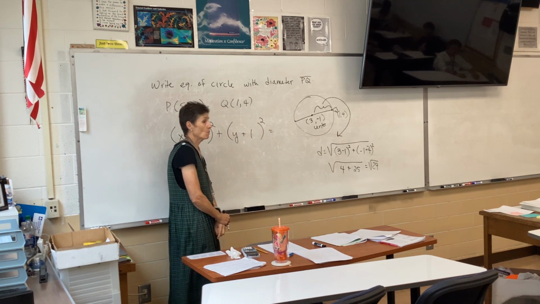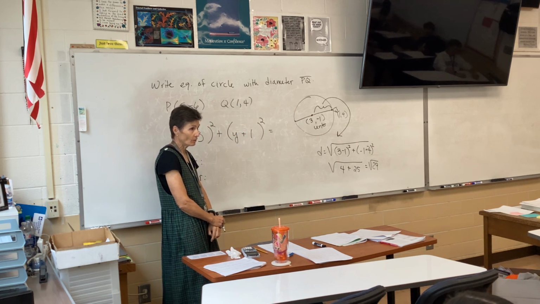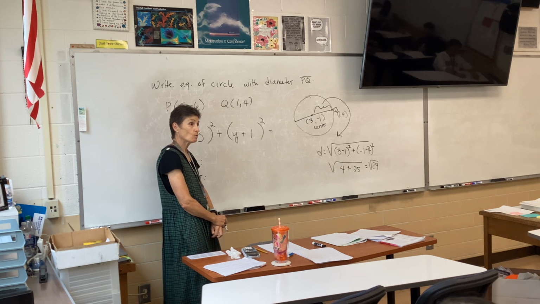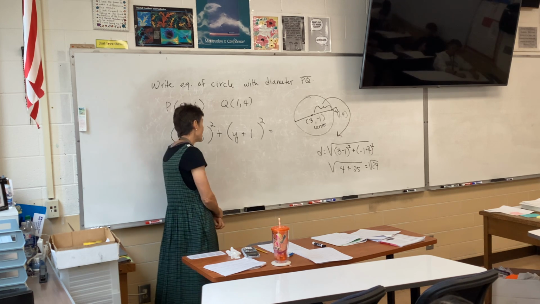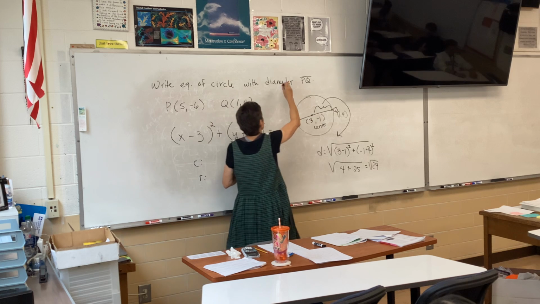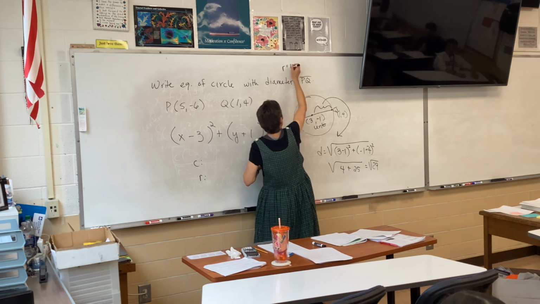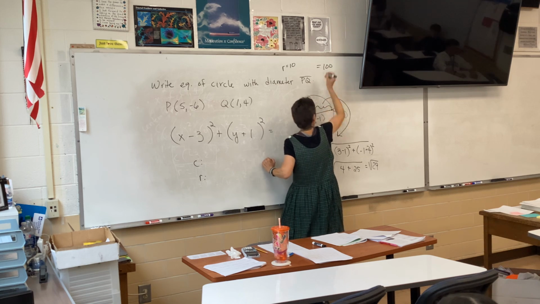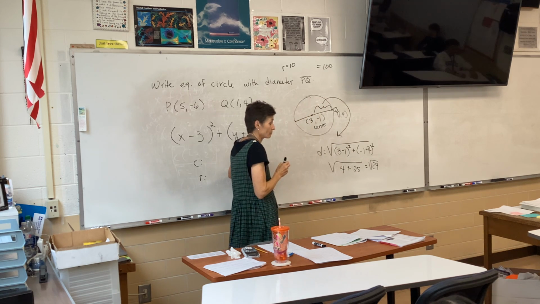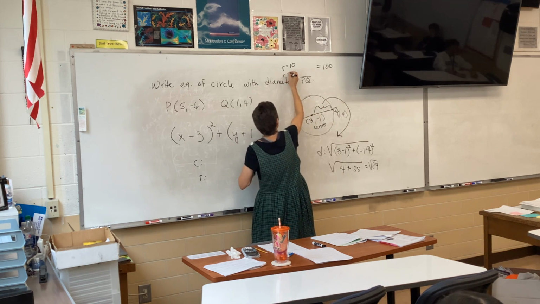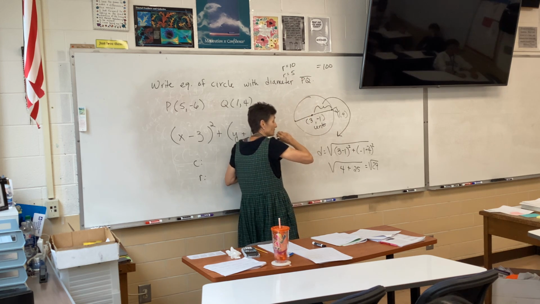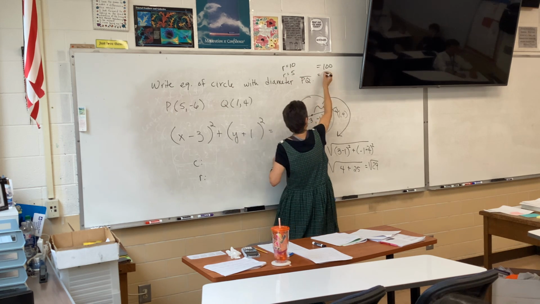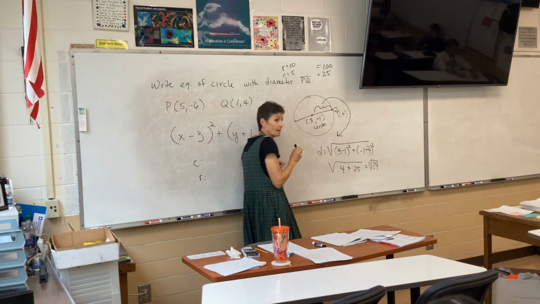This will catch you if you're not careful. When you write the equation of a circle, if the radius is 10, then your equation equals 100, right? If the radius is 5, then your equation equals 25.